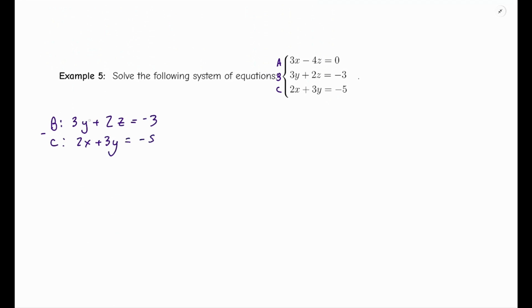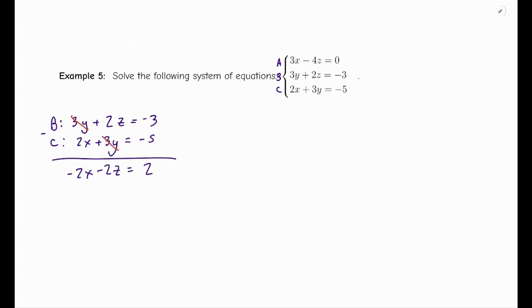Now, I have no x in B, so nothing minus 2x is negative 2x. 3y minus 3y cancels out. 2z minus nothing is negative 2z. Negative 3 minus negative 5 is 2. So there's my first equation.